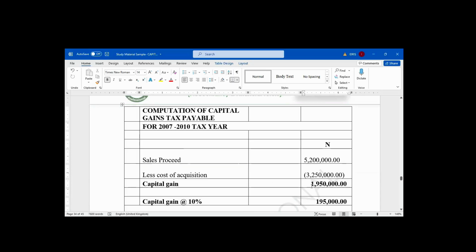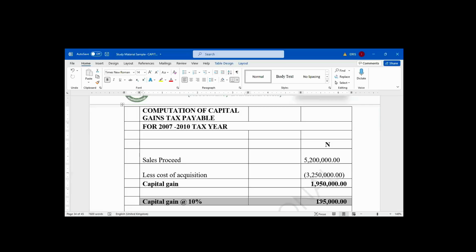That will give us how much? 1,950,000. How much will be the total capital gain tax that the seller will pay on the assets? 10% of 1,950,000, which gives us 195,000. Can we see that? Yes. This is the capital gain tax the seller of the asset will pay on this gain that he made, 195,000.